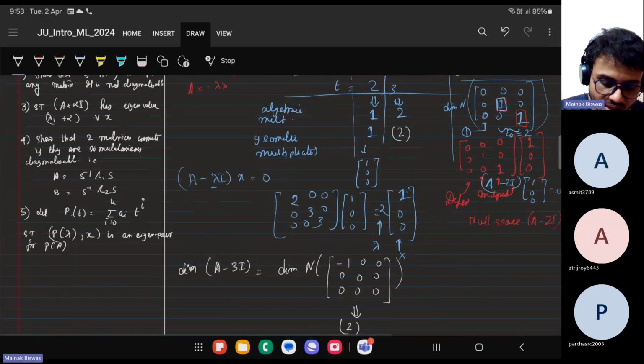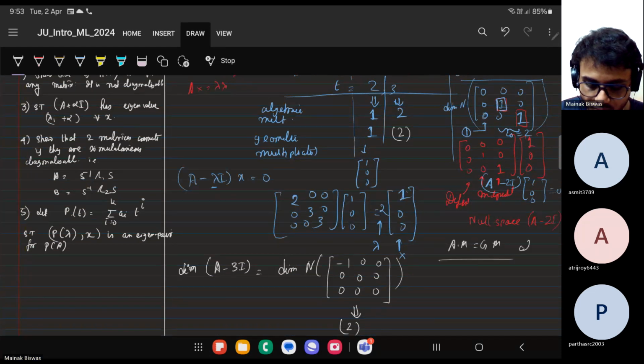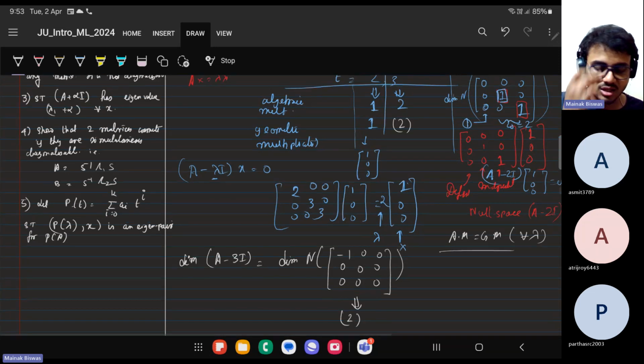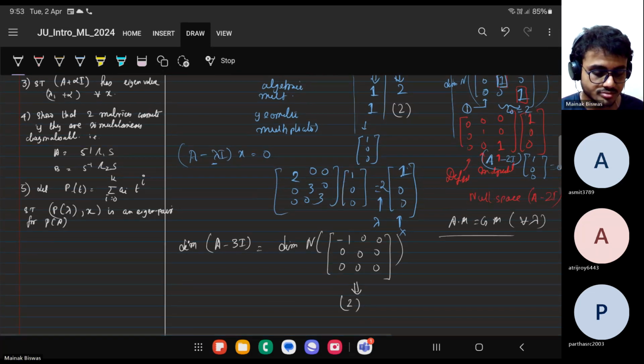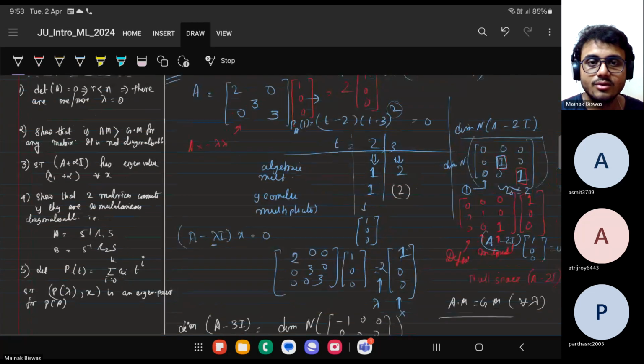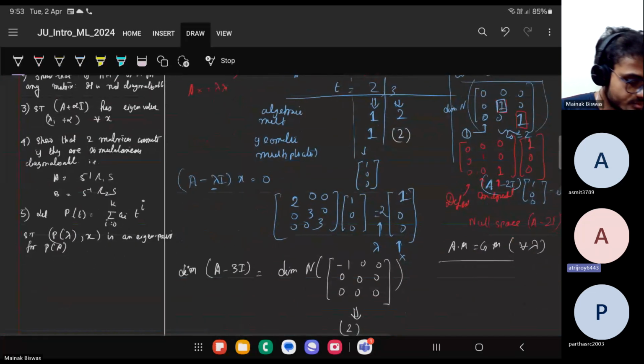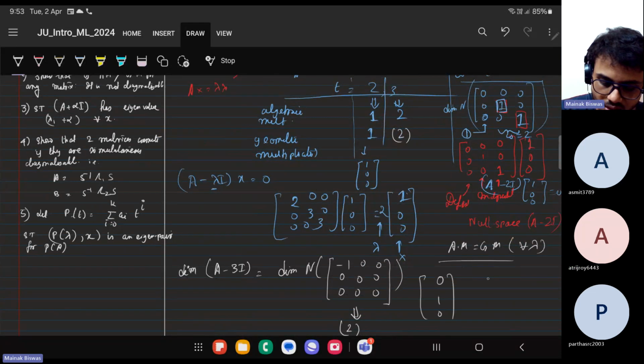In this case, algebraic multiplicity is always equal to geometric multiplicity for all lambda. Now we'll see why. If I ask you what are the eigenvectors corresponding to 3? Like we can have (0, 1, 0) and (0, 0, 1).